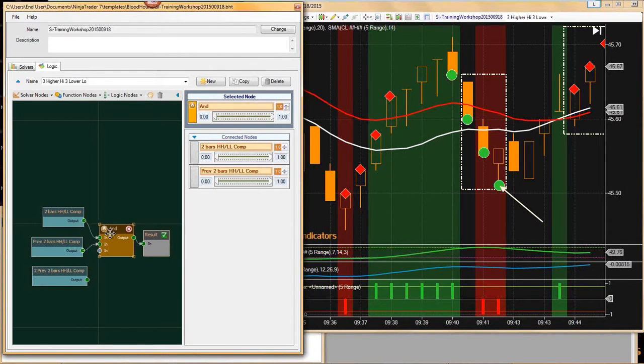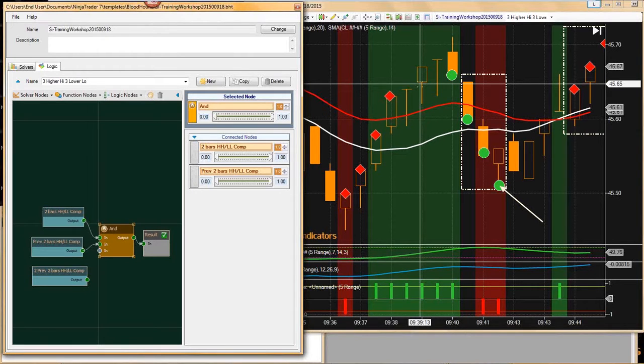But BloodHound really is not built to calculate specific tasks. Looking to see if we're making so many number of higher highs is a specific task that requires a specific kind of calculation or coding, so that requires an indicator to do specific tasks.